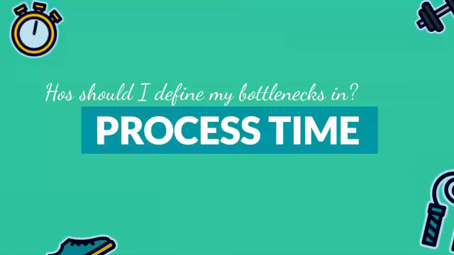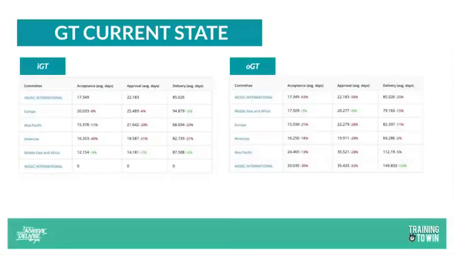So how should I define my bottlenecks in process time? This is the current state, and the good part is most of our process times are decreasing, which means we are getting faster. But however, it's not fast enough.